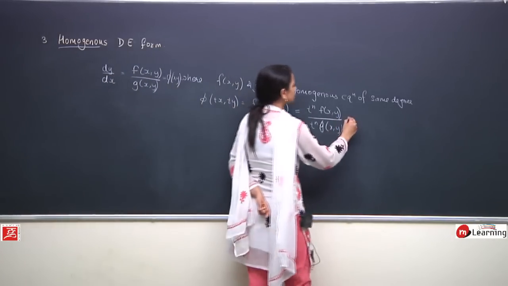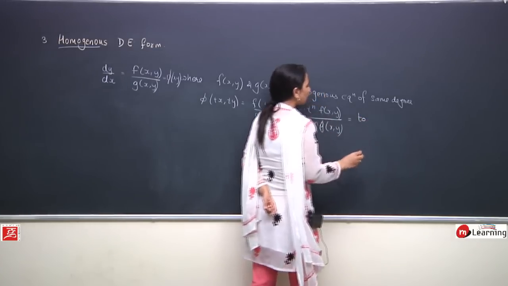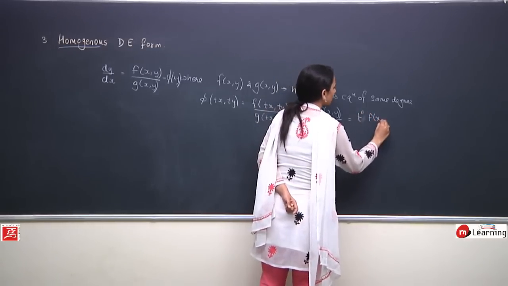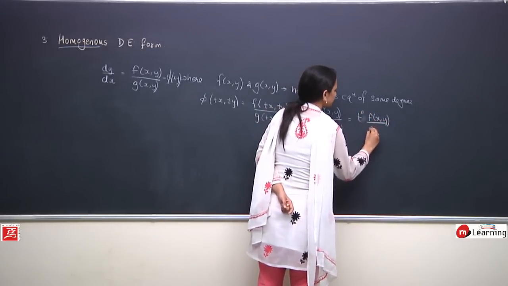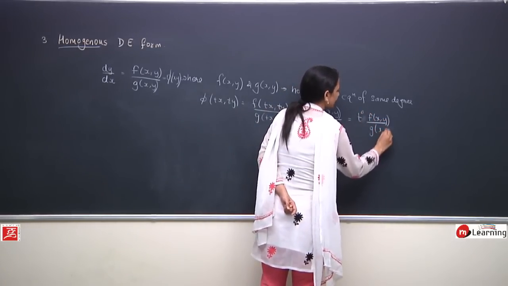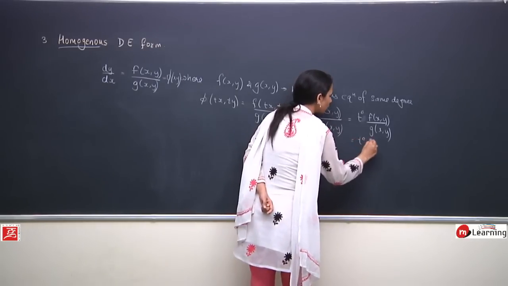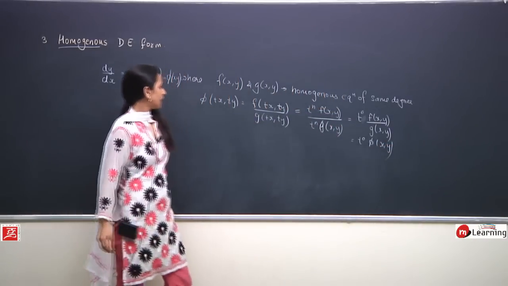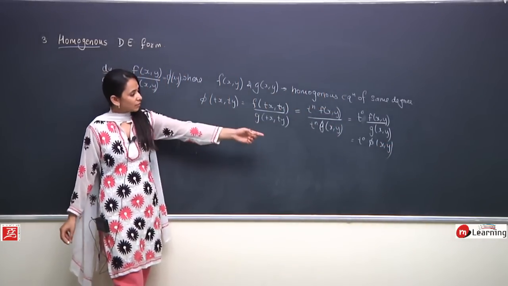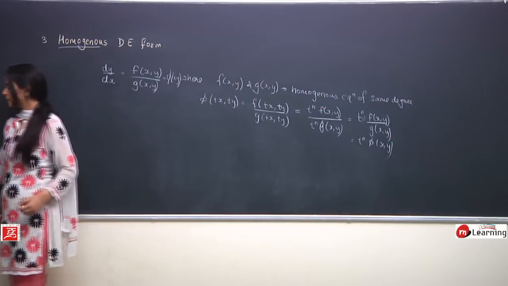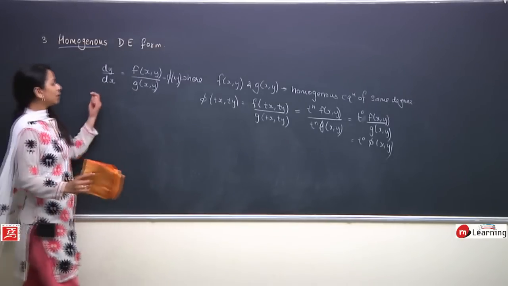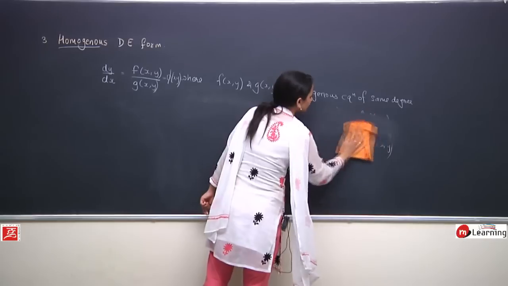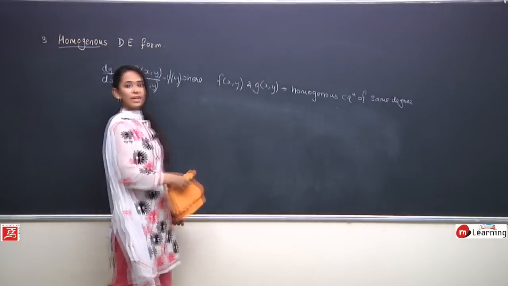So this can be written as t to the power 0 f of x comma y upon g of x comma y, and this is equal to t to the power 0 phi of x, y. So what we get from here is that phi of tx, ty is equal to t to the power 0 phi of x, y, which means that dy by dx, which is equal to f of x, y upon g of x, y, is a homogeneous differential equation.